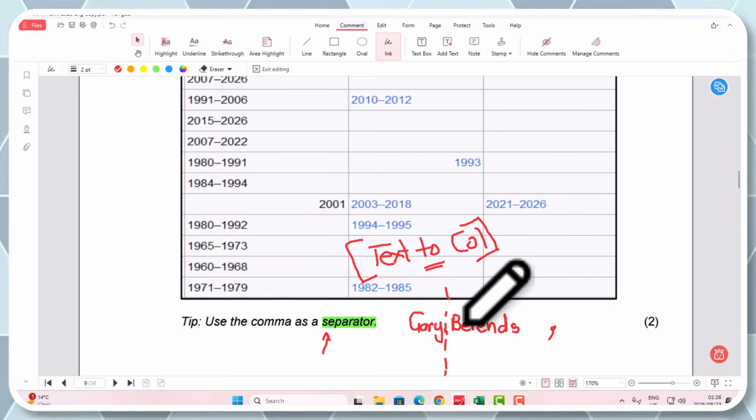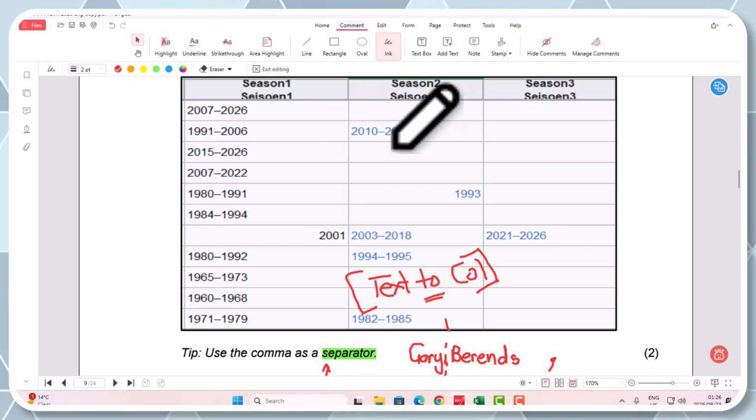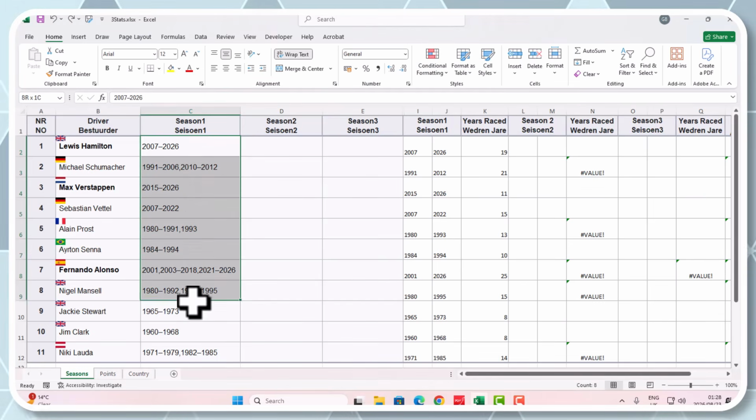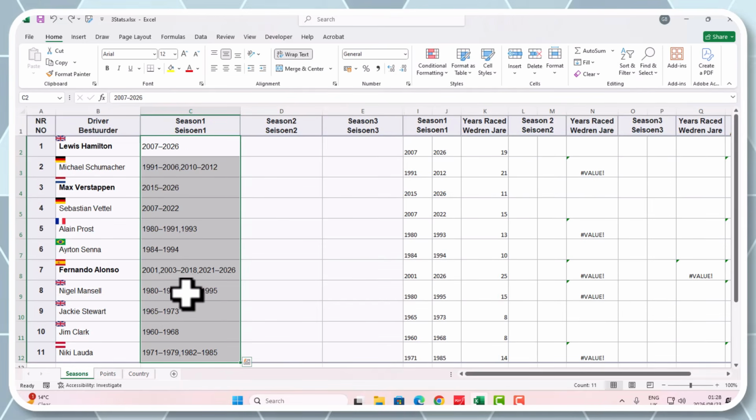So let's see if we can use text to columns to achieve this that we see here on the spreadsheet. The data that they want is in column C, guys, so let's select column C. Did you notice that they said the tip was comma separator?